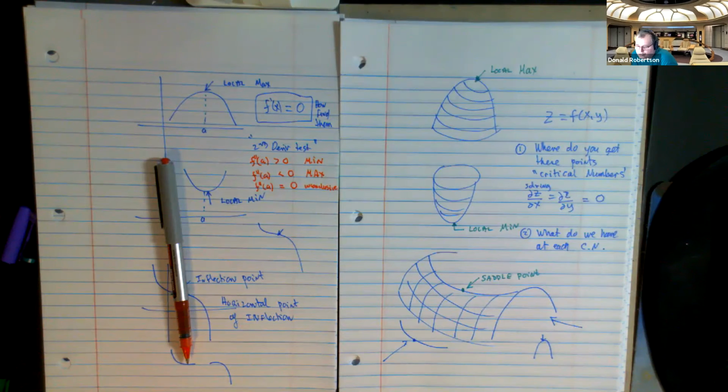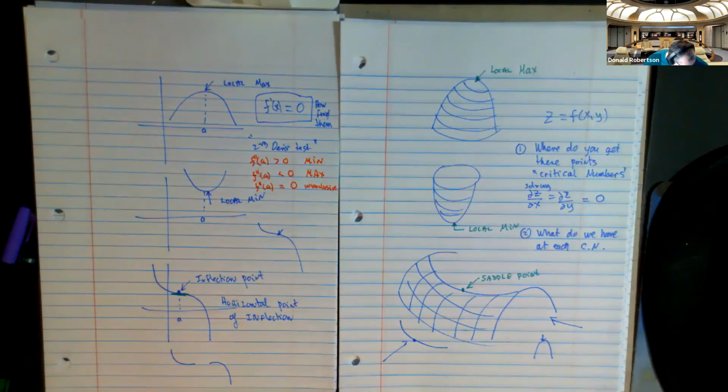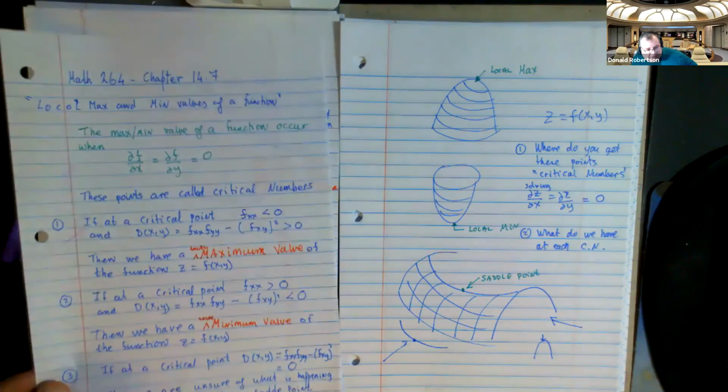Do we have a local min? Or do we have a saddle point at the point (1,2)? You're going to get one of those 3 things, and the job that we have is to find out which one of those 3 things we've got. Okay, which now brings me to that thing.